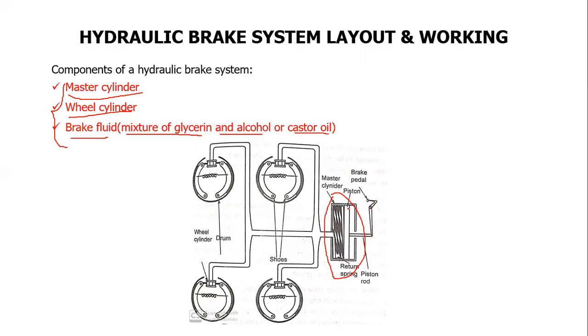The master cylinder consists of the piston and a cylinder with a return spring mechanism. This master cylinder in turn is connected to the four wheels. This is one wheel, this is the second, this is the third, and this is the fourth wheel. The master cylinder is connected to the four wheels via these tubes.